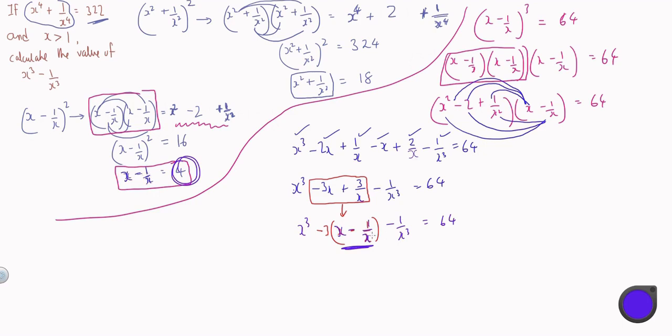That's worth 4. So then that's going to be inside the bracket, that's going to be 4. We'll just continue over here. So that'll be x cubed. Negative 3 times 4 is negative 12.